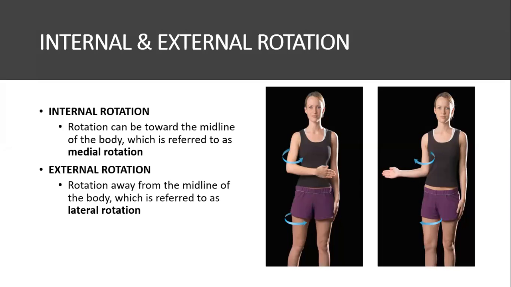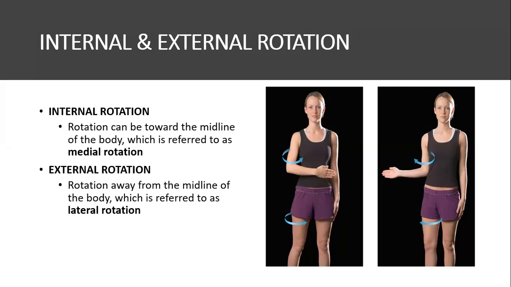Another important motion is internal and external rotation. You see this at the shoulder and at the hip. If we look at the lady in the left picture, she's bringing her hands and shoulder inwards towards the midline of her body. That's known as internal rotation.